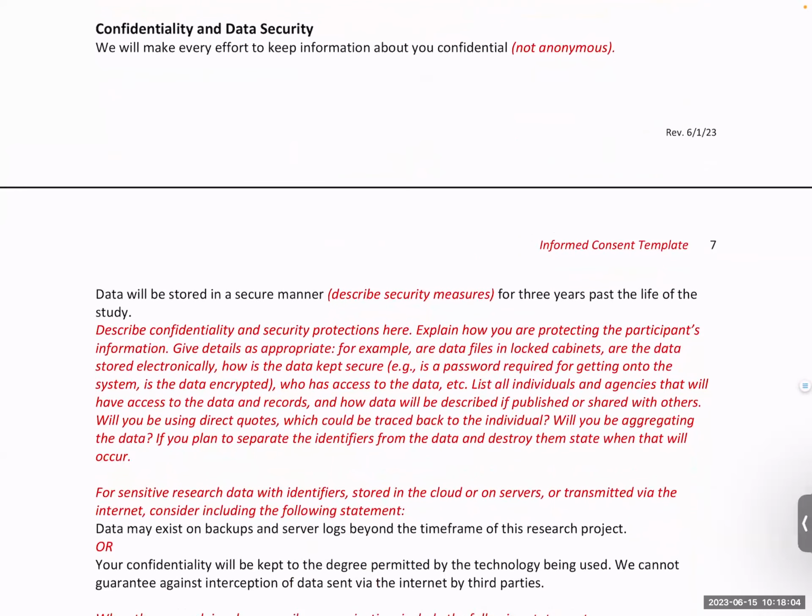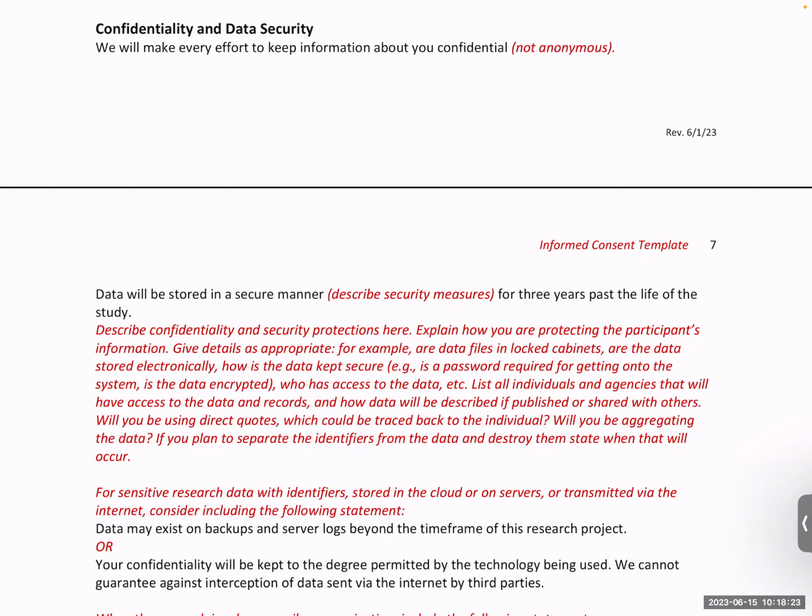The next section on confidentiality and data security is one of the longest sections in the template. And the first thing that needs to be said in this section is identifiable data does not just mean names.